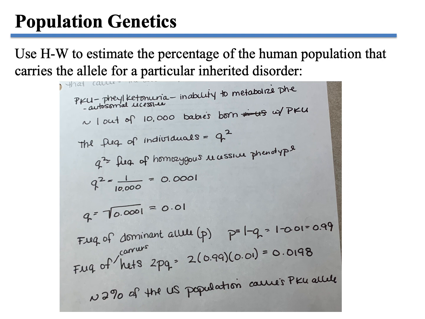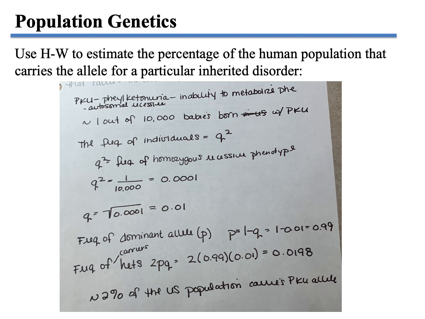Given our Hardy-Weinberg equation, we can solve for the frequency of the dominant allele designated by the letter p, which would then be p is equal to 1 minus q, using that simple algebraic conversion that I mentioned just a minute ago. So 1 minus 0.01 is equal to 0.99. That gives us the frequency of the dominant allele in the population.